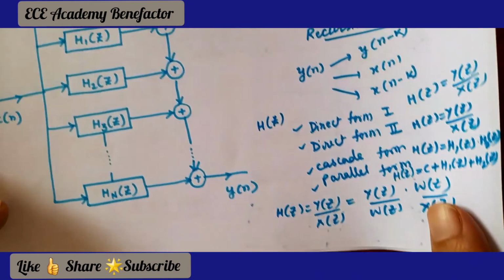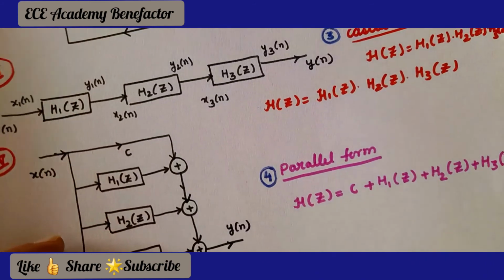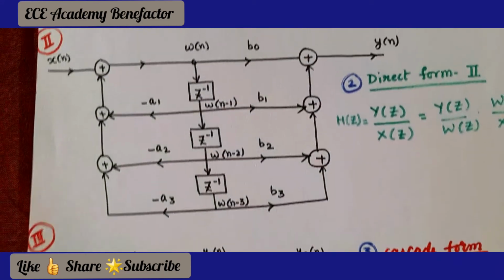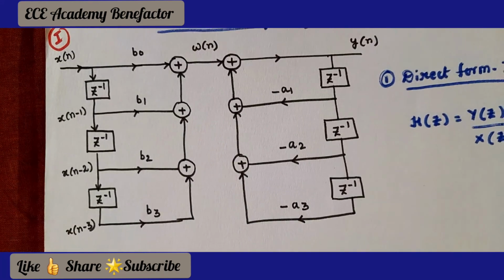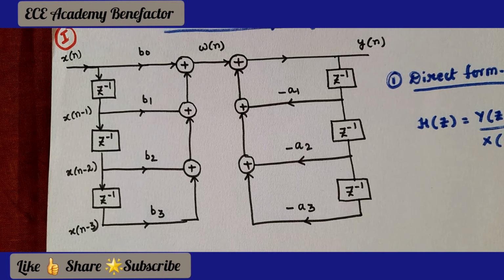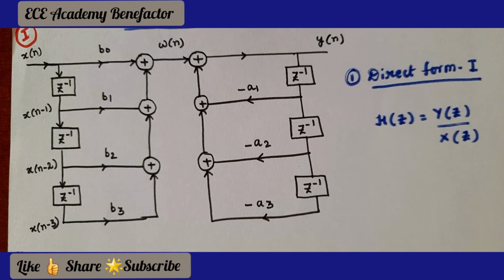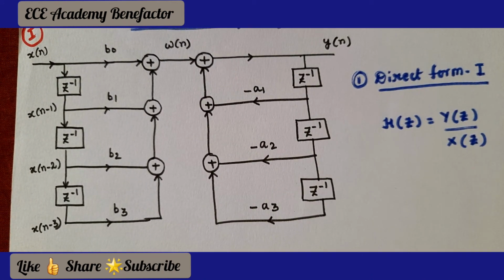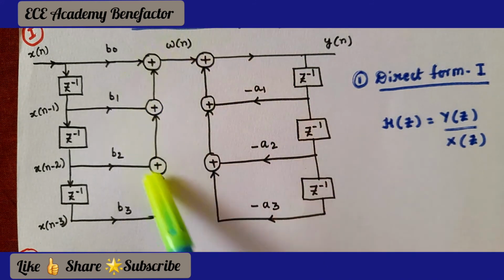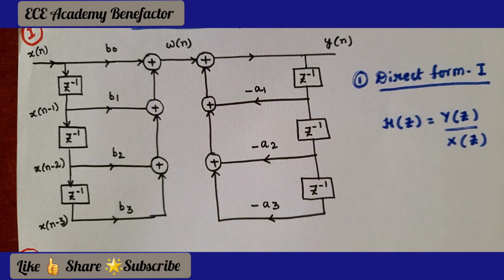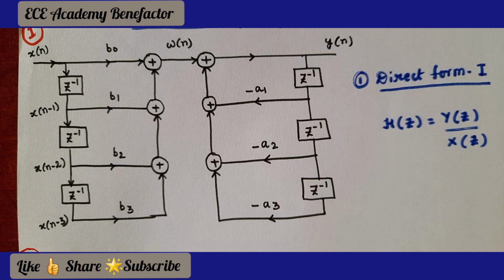Okay. So, let us quickly see the summary of the 4 diagrams which we have seen. If you see the direct form 1, it is requiring more delay elements and adders and multipliers. More number of adders and delay elements are there. This is direct form 1.